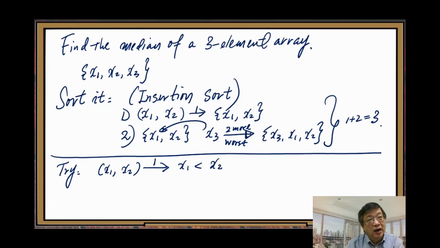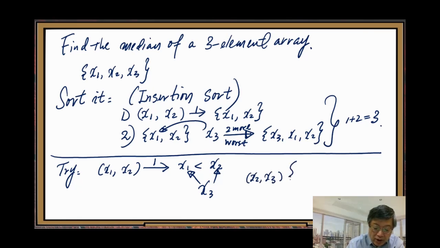After that, the next comparison with x3 is either with x2 or with x1, right? If you compare x2 and x3, you have 2 possibilities: x2 less than x3 and x2 greater than x3.